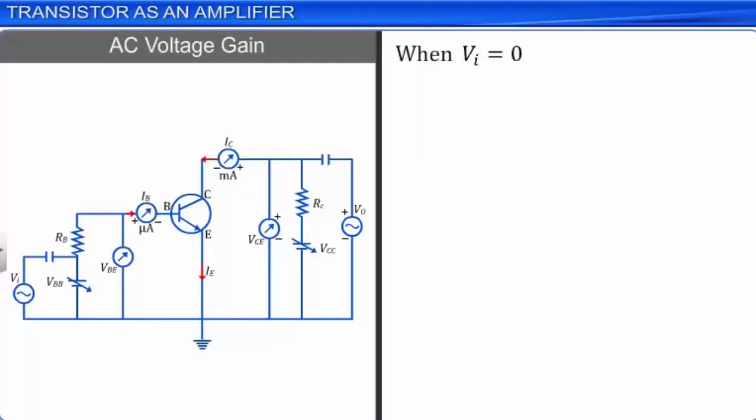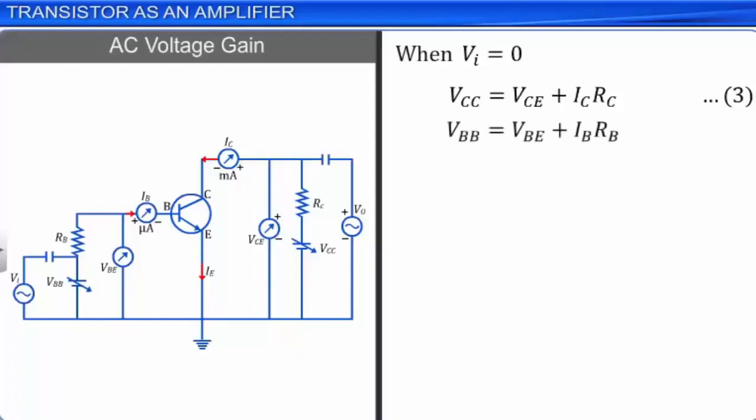Let this be equation 3. Similarly, applying Kirchhoff's law to the input part of the circuit, we get VBB is equal to VBE plus IB into RB. Let this be equation 4.